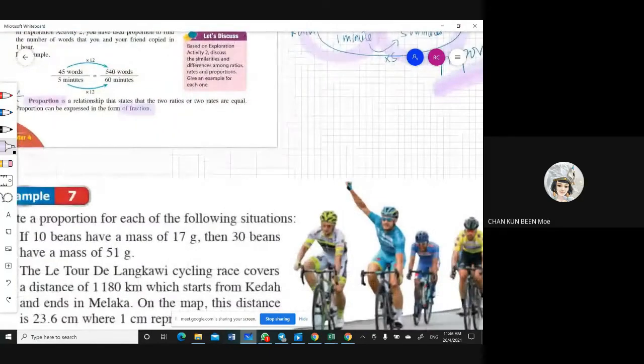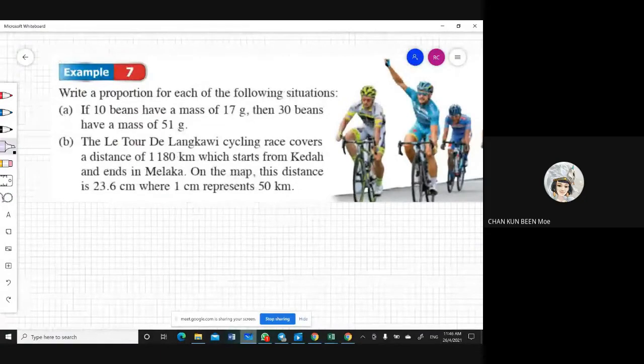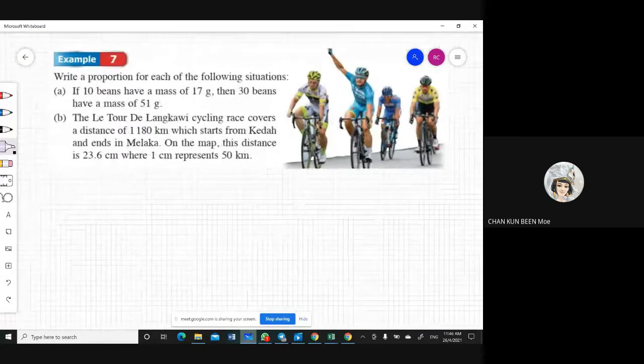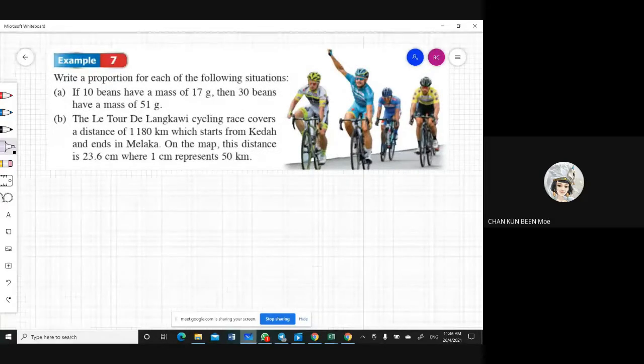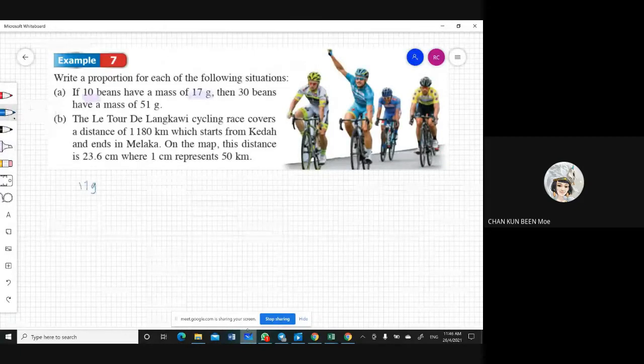So now we are going to look into example 7. Write a proportion for each of the following situations. A, if 10 beans have a mass of 17 grams, then 30 beans have a mass of 51 grams. So how do we write? 10 beans have 17 grams, so you just write down 17 grams for 10 beans.